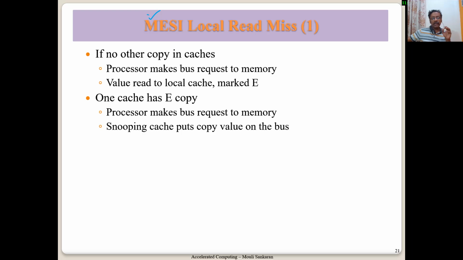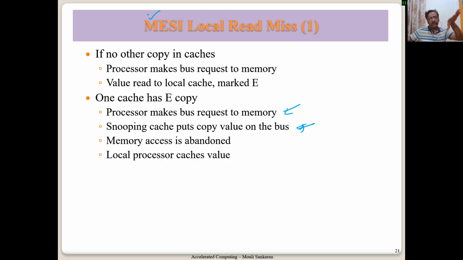You are trying to take it from the memory, but the snooping cache sees that it has an exclusive copy. It is in sync with the main memory, but it will provide you the value, puts the copy value on the bus, the memory access is abandoned, and the local processor caches the value.